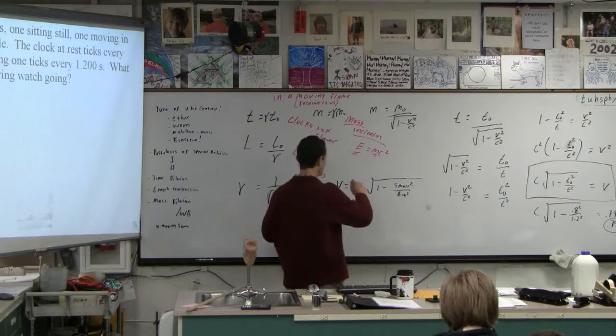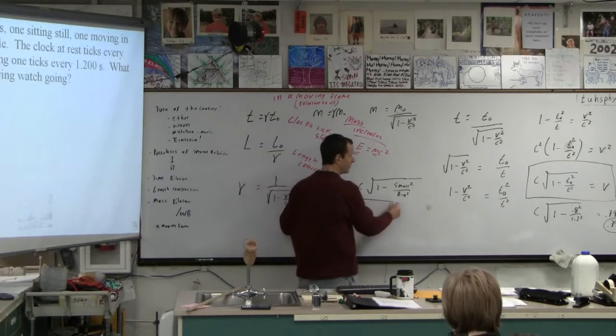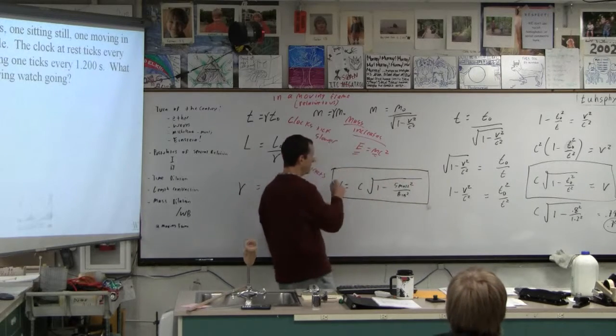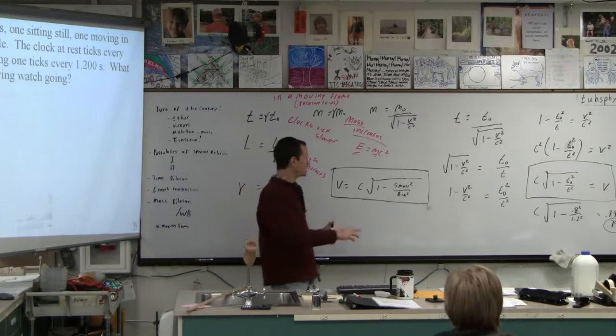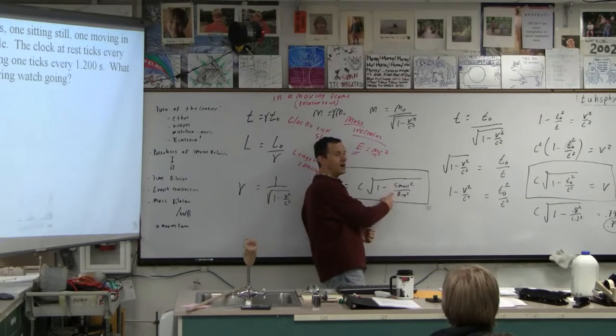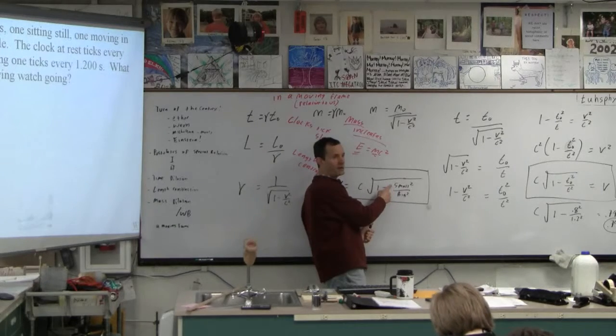So this is when it says the solution for velocity on your little note guide. Put that guy in there, right? It's always going to be when length contracts, the contracted length will be on top and the non-contracted length will be on the bottom. When mass dilates, the bigger mass, the moving mass, will be on the bottom and the small mass will be on the top.